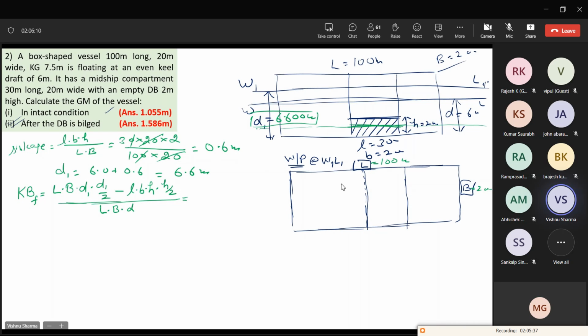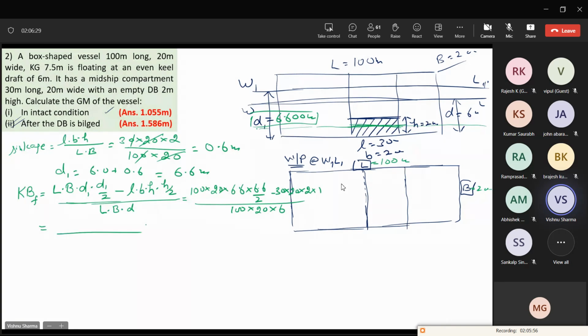This will be equal to 100 into 20 into D1 is 6.6 into 6.6 by 2, minus 30 into 20 into 2 into 1, divided by 100 into 20 into 6.